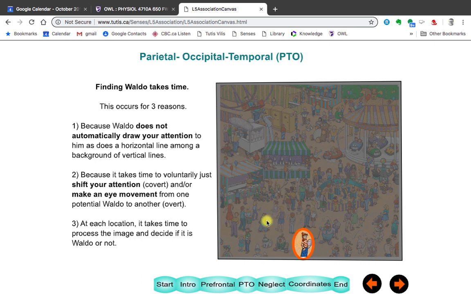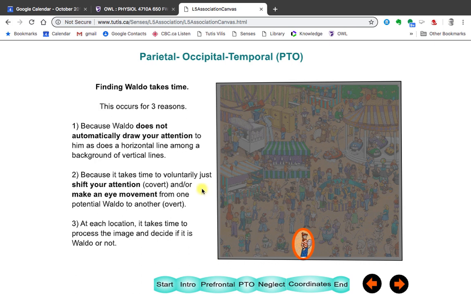It takes time because you don't automatically draw your attention to it, and because you shift your attention to different places, and each shift takes time.